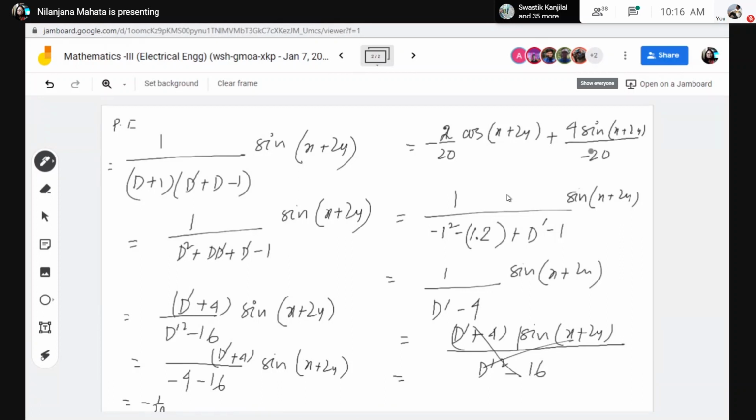So you can simplify this, and you will have minus 1 by 10 cos x plus 2y minus 1 by 5 sin x plus 2y.